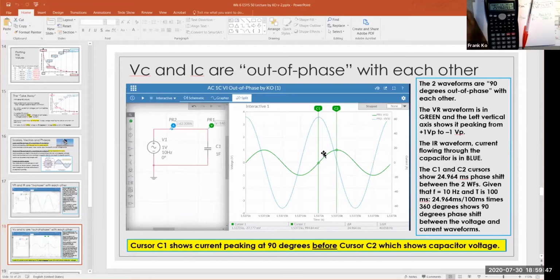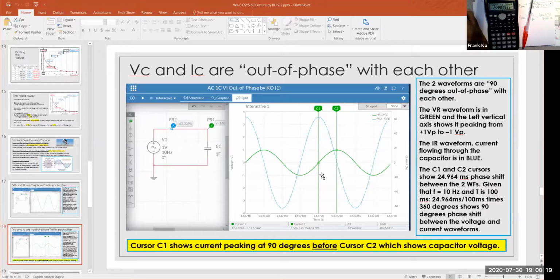As they are out of phase, we have to see how far apart they are. As in several examples, I put cursor C1 as close as I can to where the green waveform crosses the 0 line, which is why I have a dot there. I place cursor C2 where the blue waveform crosses the 0 line, right here.